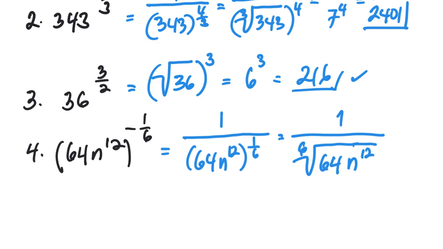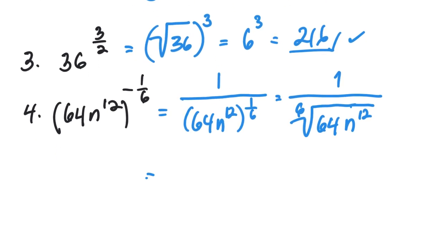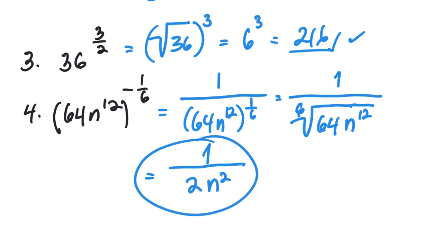That's it. If you go further, that's going to give you 1 all over the 6th root of 64, which is 2. For the 6th root of n^12, you divide the exponents: 12 divided by 6 is going to give you 2, so that's going to be 1 over n squared.